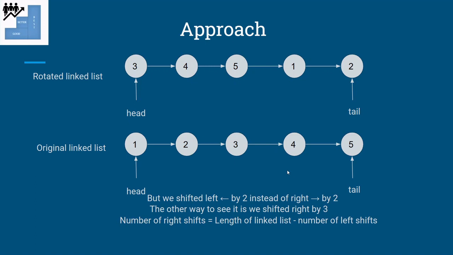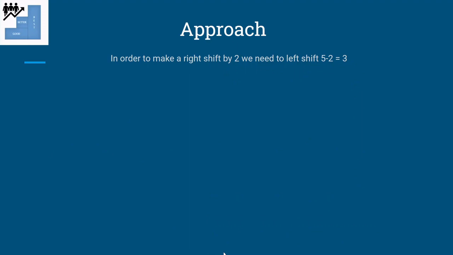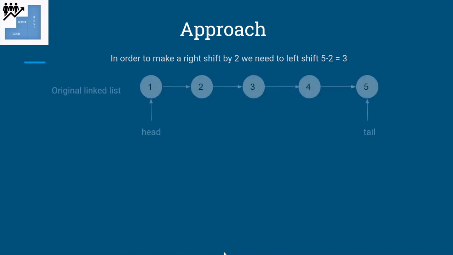So number of right shifts is equal to length of linked list minus number of left shifts. And as we are able to do left shifts, if we have to do these many right shifts, then length of linked list minus the number of right shifts is the number of left shifts we have to do. So in this case, as we have to shift right by 2, we'll shift left by 3.